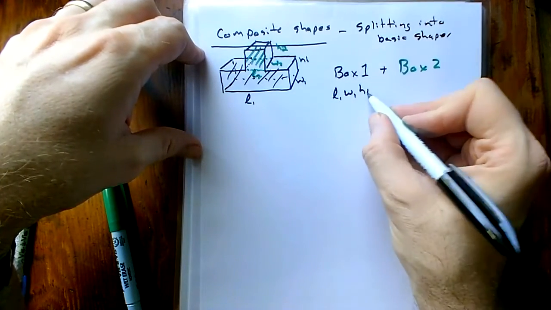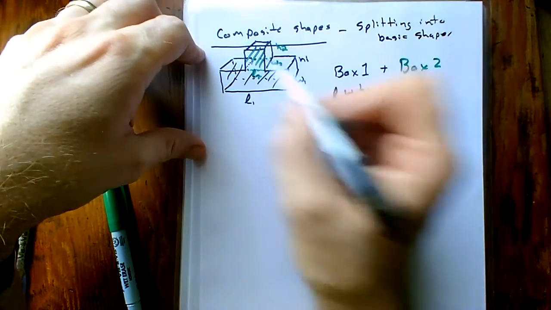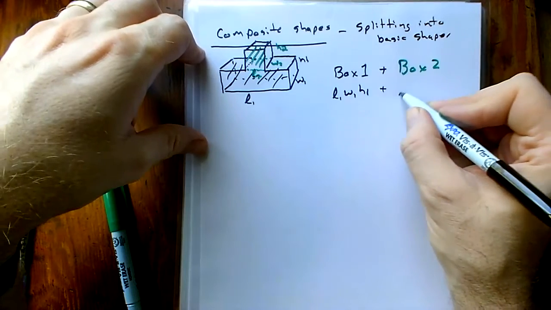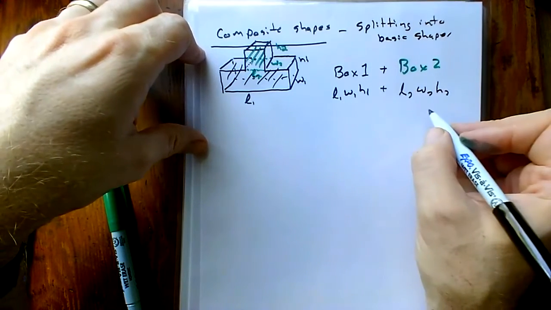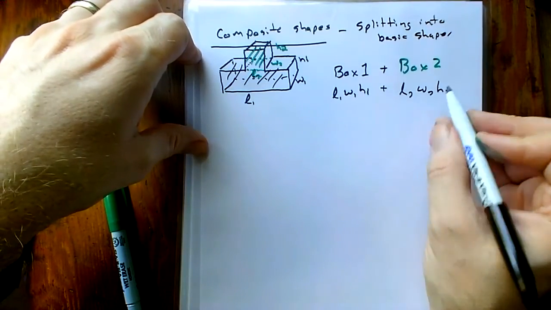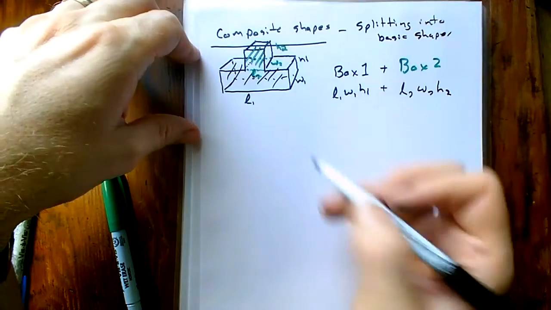I use just sort of 1 to say, okay, here's my first box, here's my second box. And then I'd have length 2 times width 2 times height 2. I'm not multiplying this by 2. This is just to differentiate between these measurements and these measurements.